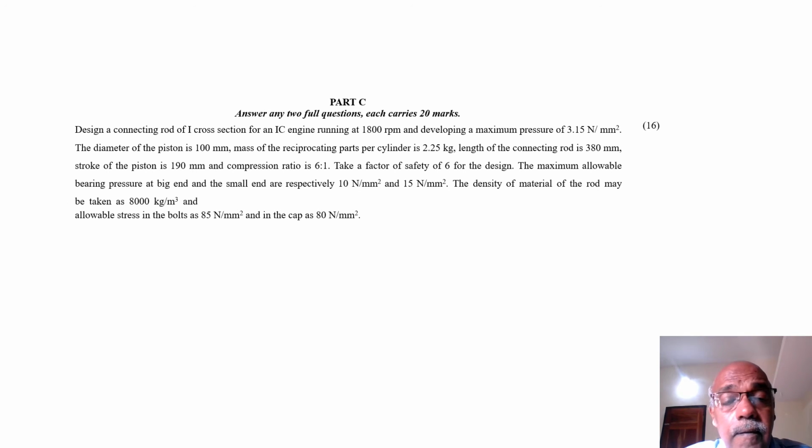I cannot say whether a 150 meter diameter shaft exists, but according to our imagination, you can imagine it. Such an error should not be committed. A 15 centimeter shaft means it can be 16 or 17 or 18. That allowance is given in machine design, and you will still get 100% credit. Or 13, 12, 11; a range will be given. Even though the correct answer is 15, your answer can range from 11 to maybe 18. That is why I am telling you this is not a mathematically oriented paper.